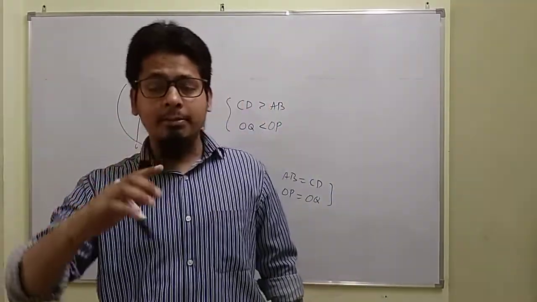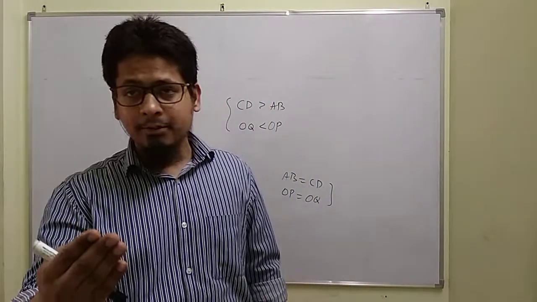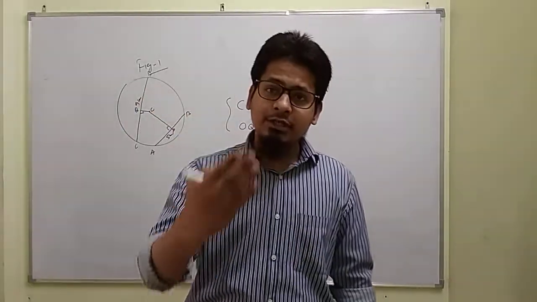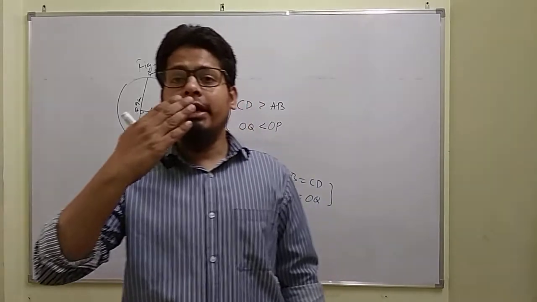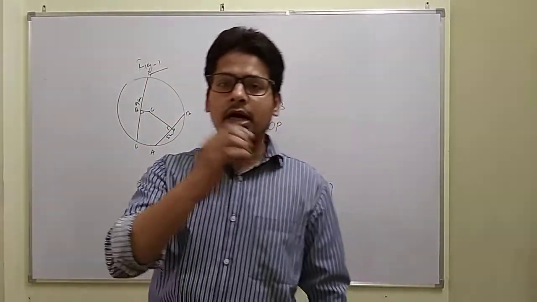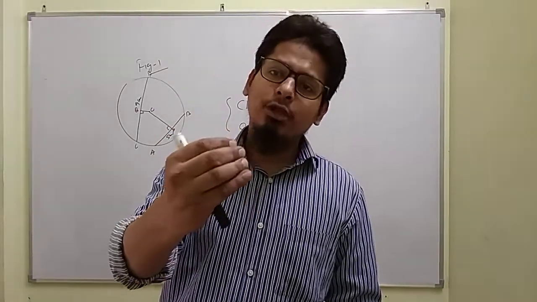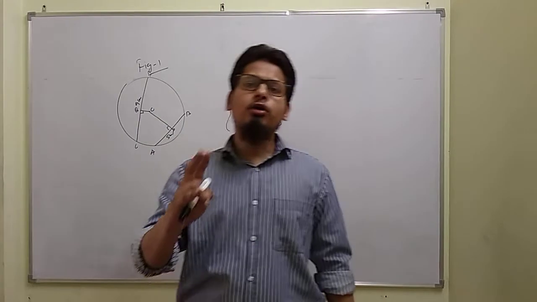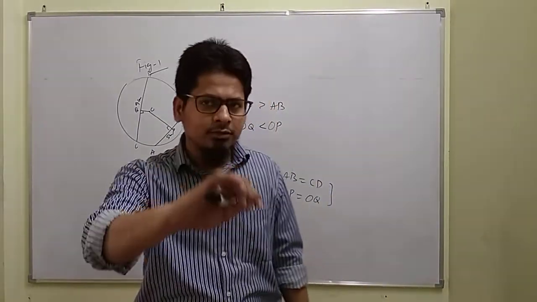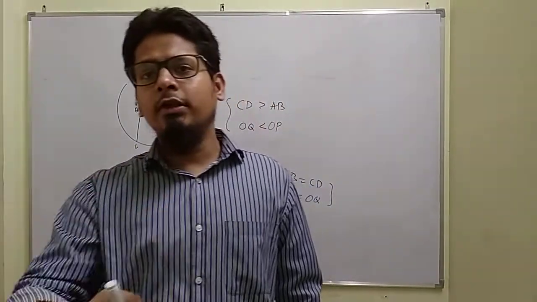Okay, it is a theorem, and the converse is also true. The converse states that if any two chords are at equal distance from the center, then the chords will be equal.